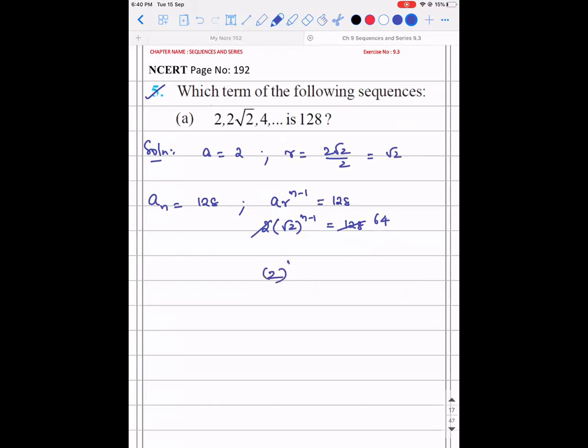So 2 power n minus 1 divided by 2 is 64. So 2 power n minus 1 is 64 square. So 64 square means it is 2 power 6 the whole square. It will be 2 power 12. So n minus 1 will be 12, which implies n will be 13. So it is the 13th term in the sequence.